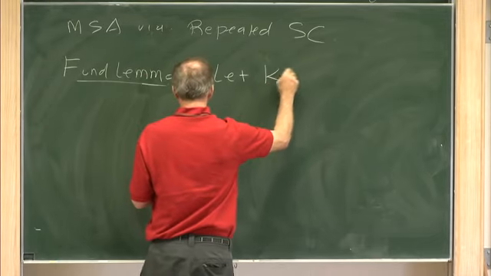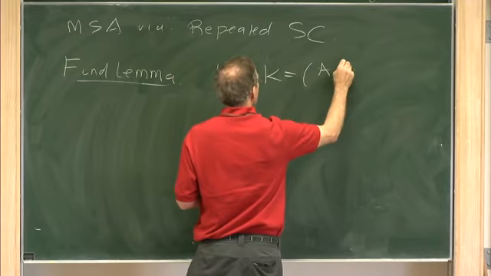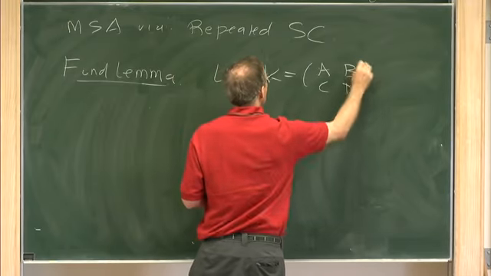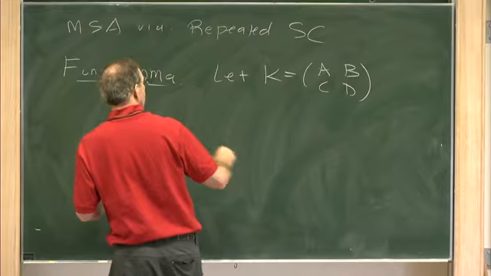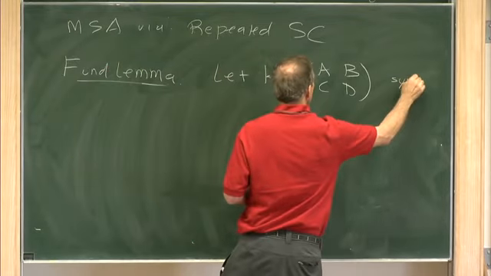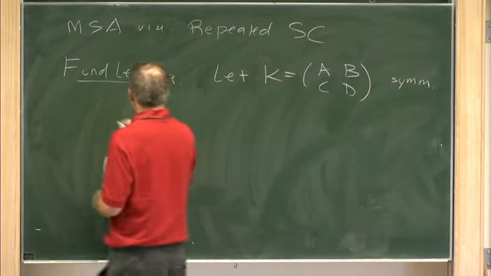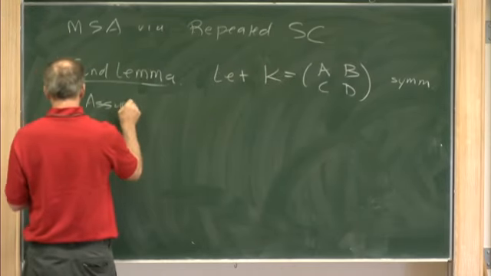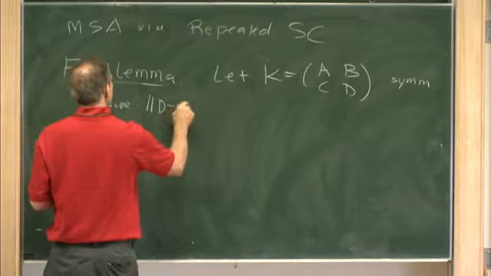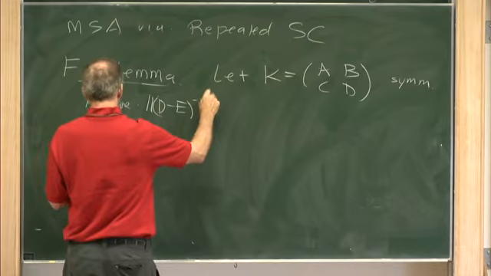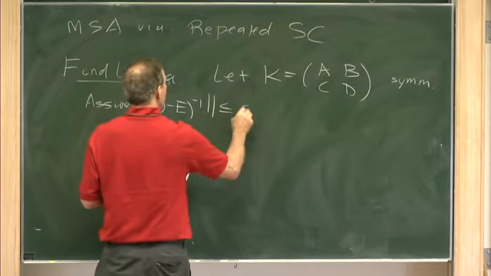Let K be a matrix in block form. Let's say it's a symmetric matrix. And we're going to assume D minus E inverse is bounded by epsilon inverse.